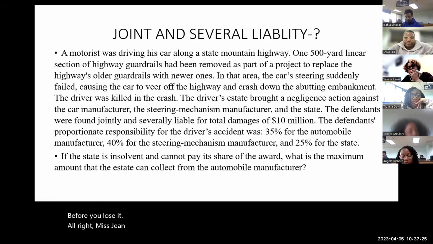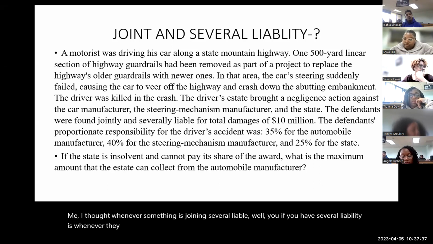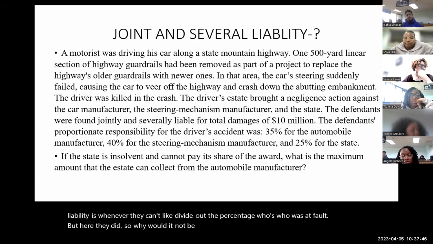All right, Ms. Giampo. Yes, ma'am. So I think it kind of loses me. I thought you have joint and several liability whenever they can't divide out the percentage of who was at fault. But here they did. So why would it not just be several liability?